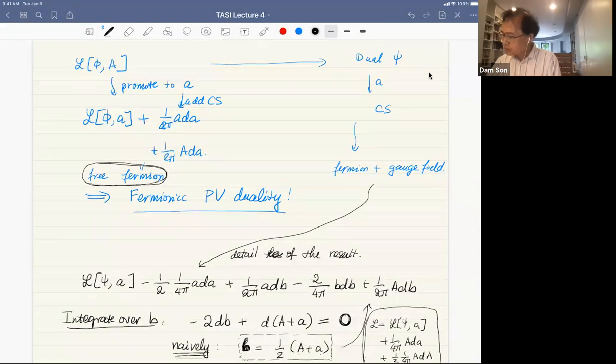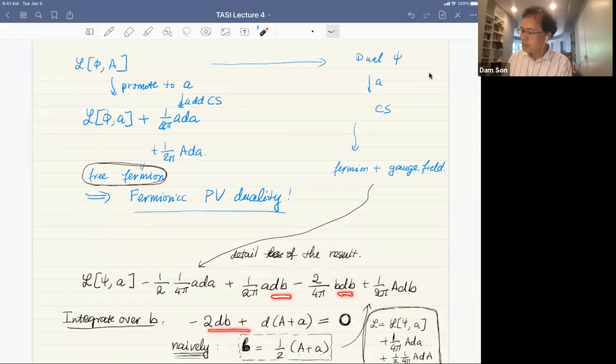On the other side of the duality, when we do this procedure, we get the theory of a fermion coupled to a gauge field, but the mixed Chern-Simons term has half of the quantized values, and this is a consequence of the fact that when we integrate over one of the gauge fields, we have been a bit cavalier with the global issues.